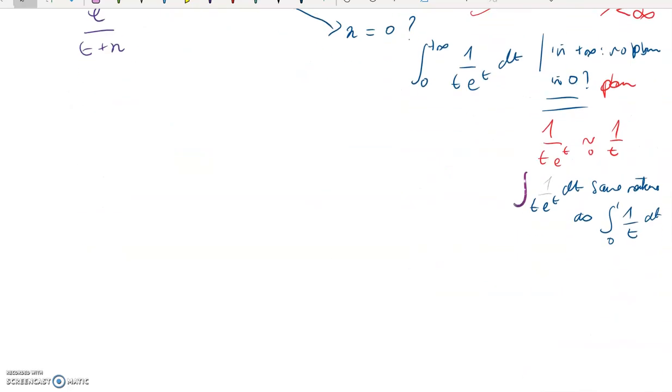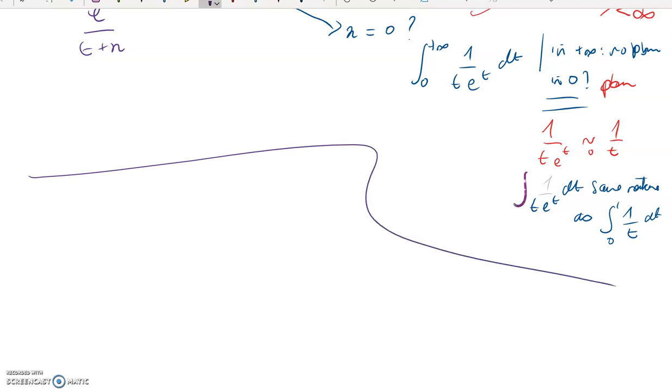Another interesting example. Let's define a new function by the integral between 0 and plus infinity of x e of minus xt dt, and let's say that this is going to be my f2 of x.